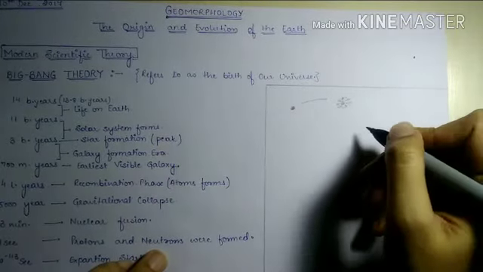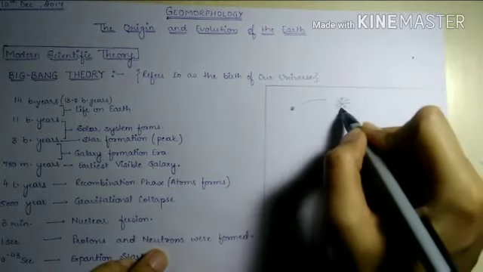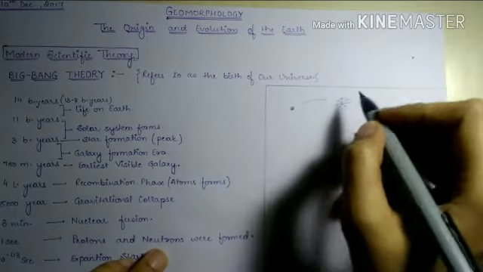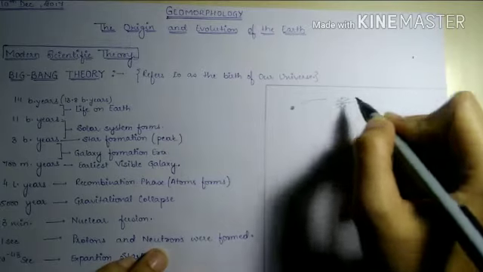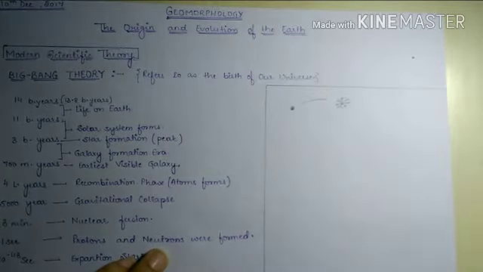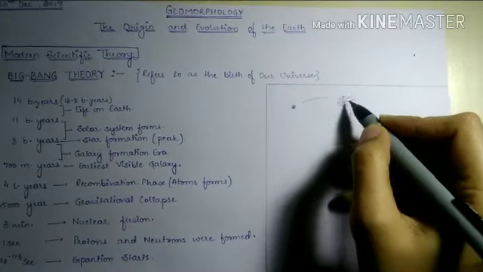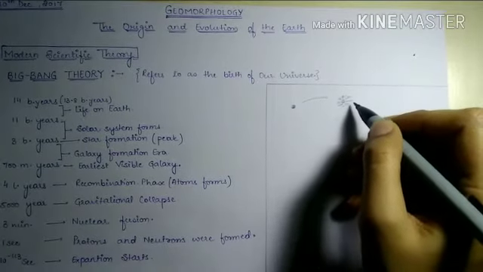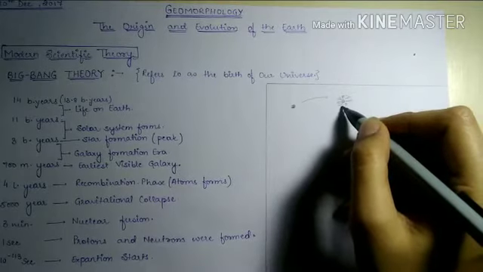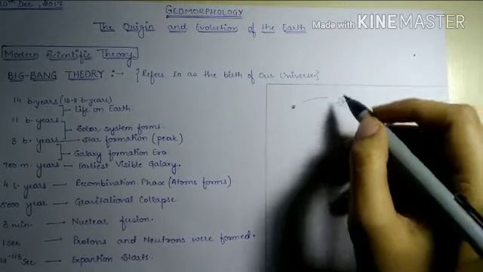The answer is that the singularity did not recollapse because the density was far higher than what is required for gravitational collapse, that is, black hole formation. So this singularity had much higher density than required for black hole formation. Okay, so now back to the theory.